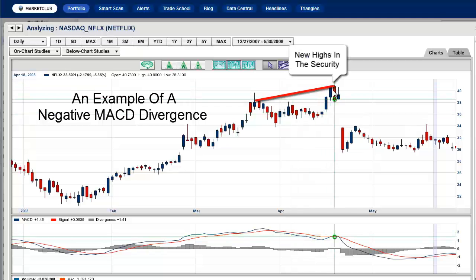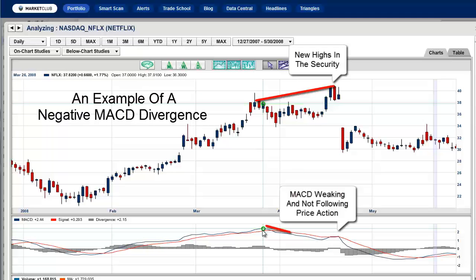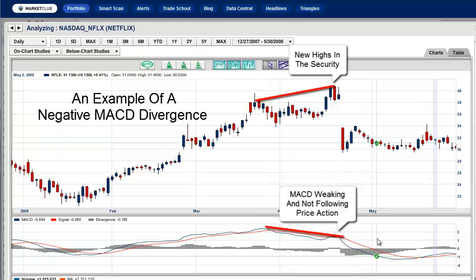But the MACD was actually weakening, indicating a divergence. So the prices were not being followed by the momentum, and that's the case of the divergence. A negative divergence was a tip-off that this was a high, and that's one of the very useful functions you can use with this indicator.